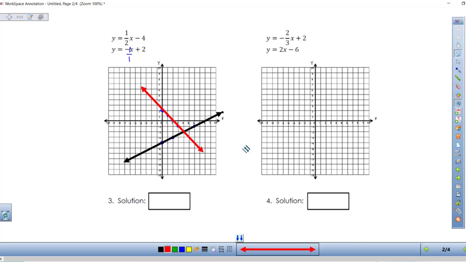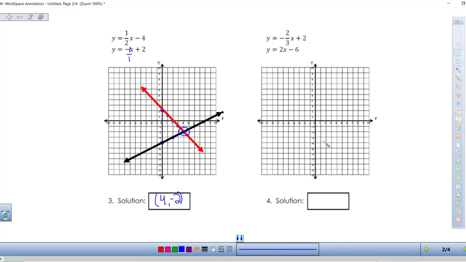And we can see that these two lines intersect at this point here. And this point is (4, -2). So the solution to this system of equations is (4, -2).